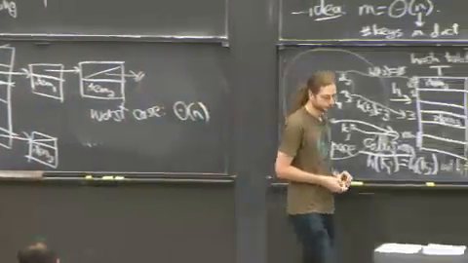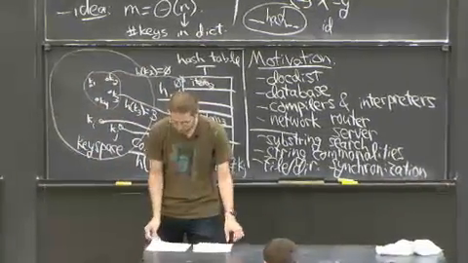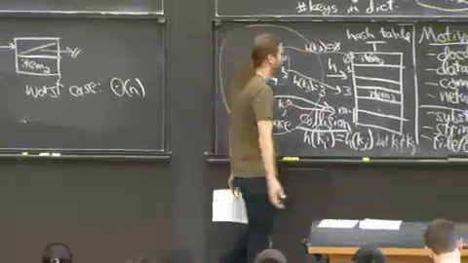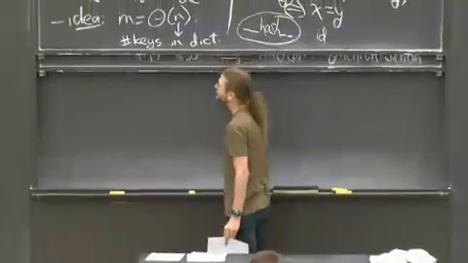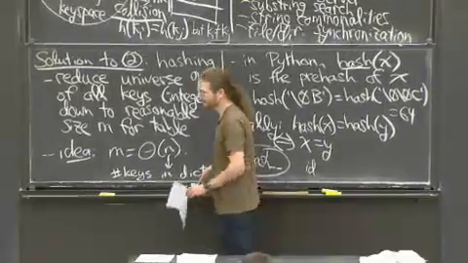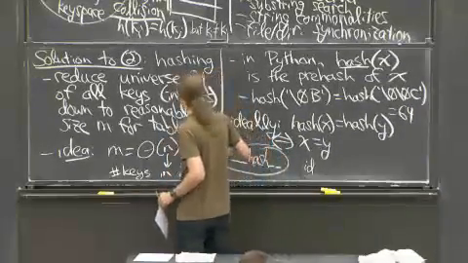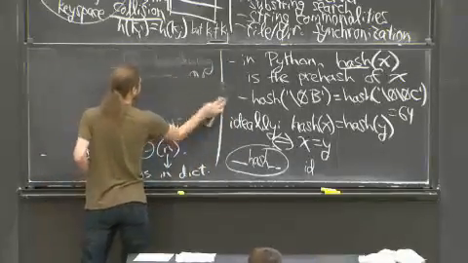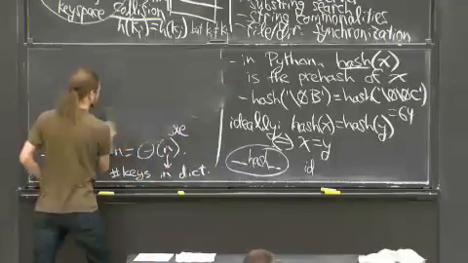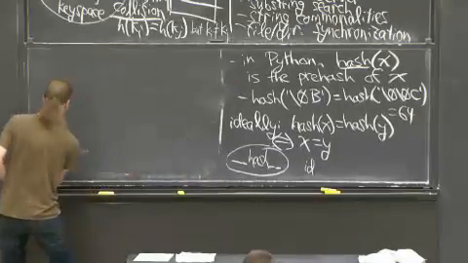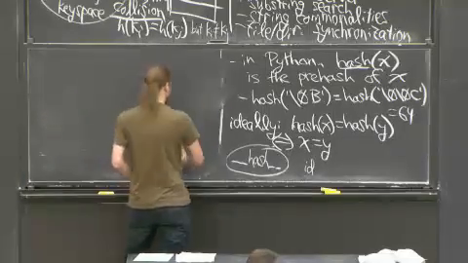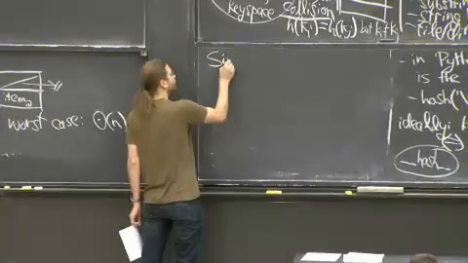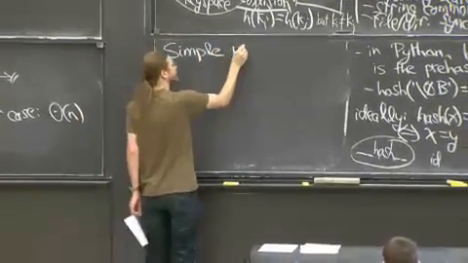We're going to prove that under an assumption. We'll have to warm up a little bit. But I'm also going to cop out a little bit, as you'll see. So in 006, we're going to make an assumption called simple uniform hashing.